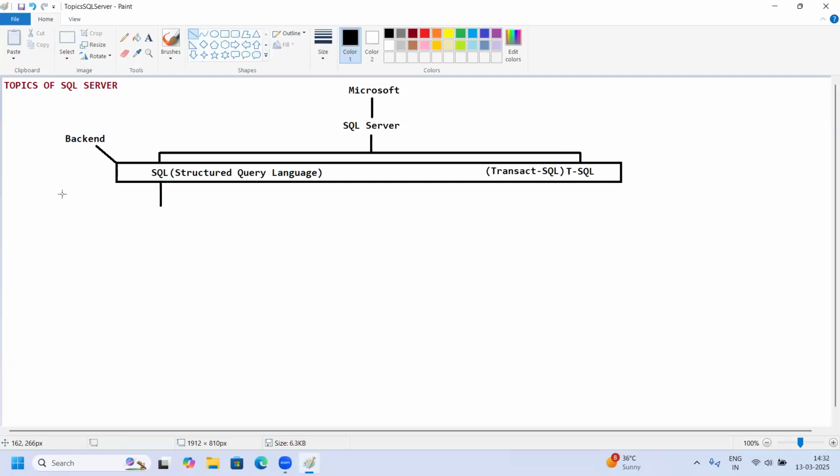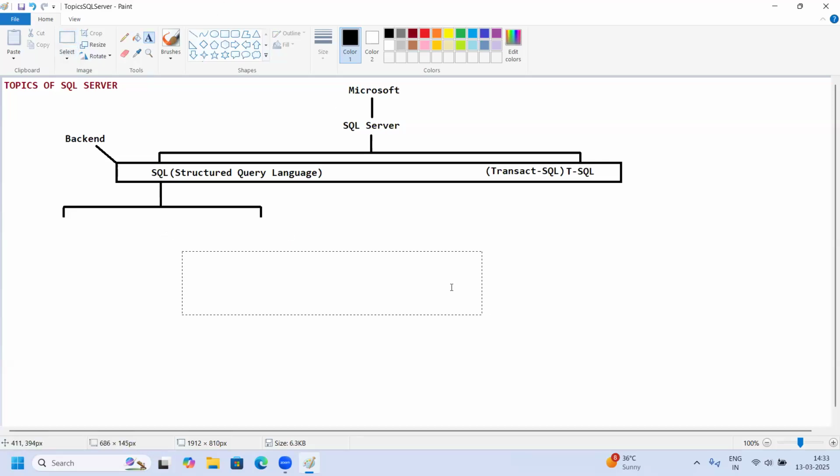Now in SQL, Microsoft has made available 2 modules, or 2 parts in it. This is one part. This is another part. And what are these 2 parts made available here?